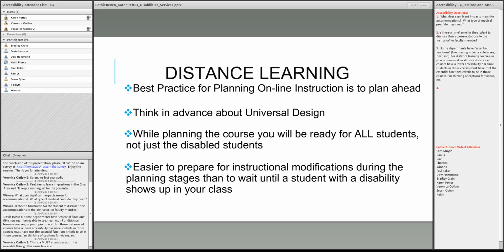One of the things that we have found is that the sooner we can notify a faculty member that they have a student who is deaf, or they have a student who is blind, or a student that has a need for accommodations, the sooner we can let faculty know, the easier it is for them to make those modifications while they're setting the course up, instead of waiting till the first day of class and saying, oh, by the way, and now they have to go back and retrofit everything. And that's what we want to kind of try to avoid if possible.